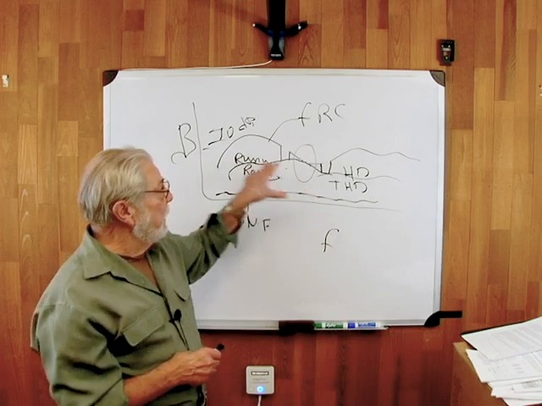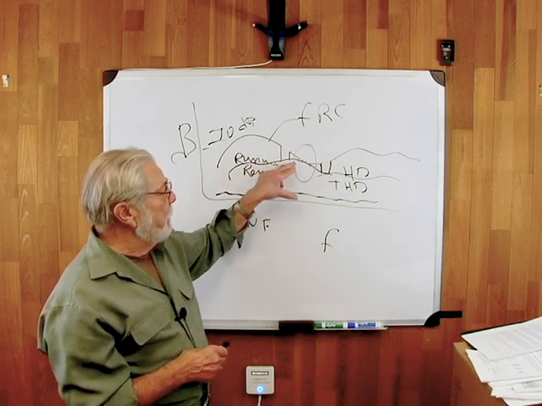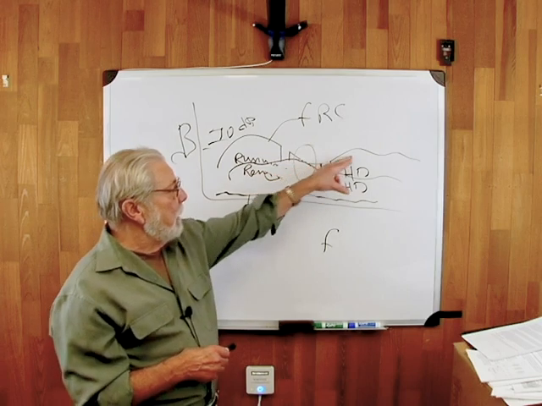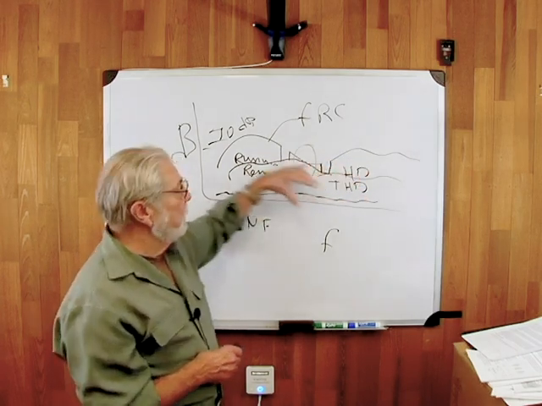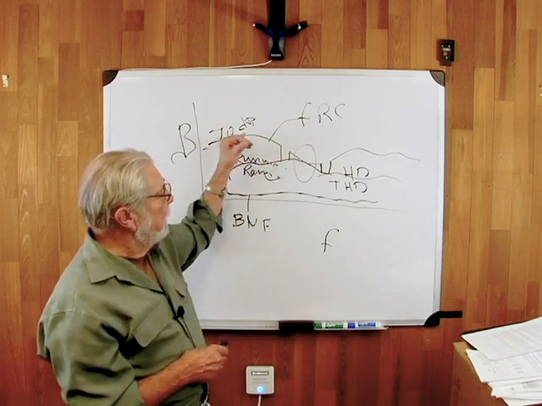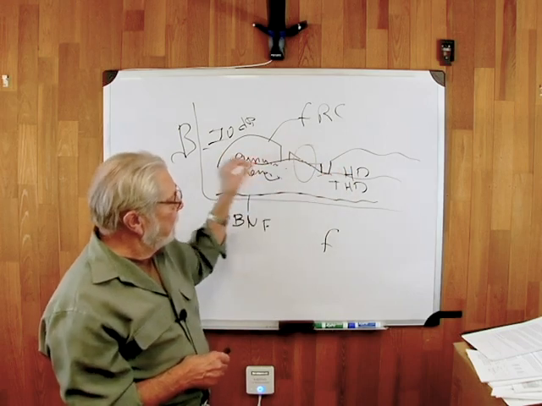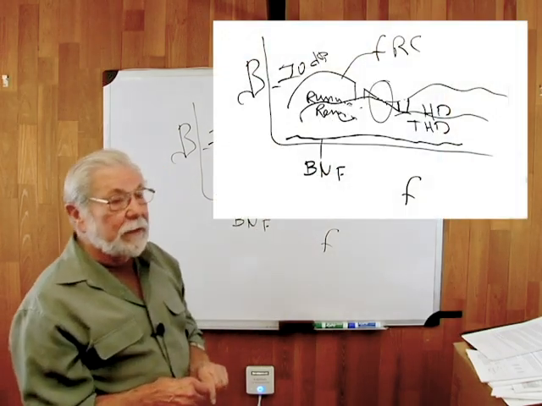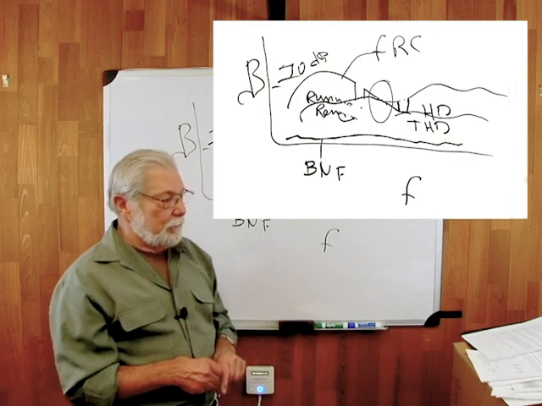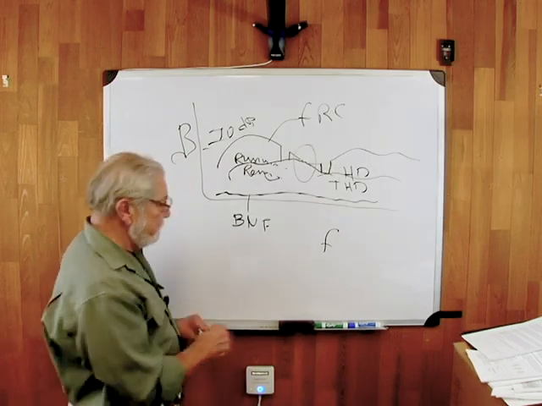In other words, instead of bop, bop, bop, bop, bop, bop, it goes bop, bop, bop, bop, bop, bop, bop, bop, bop. If we're testing that, if we're just putting little tone bursts in the room and doing a frequency sweep, that's called a gated frequency sweep. Bop, bop, bop, bop. That's a gated frequency sweep. Okay.